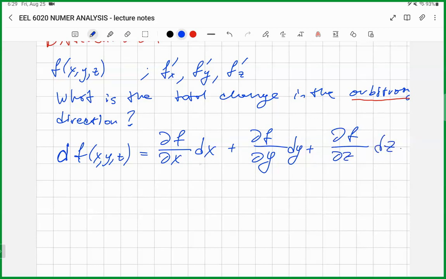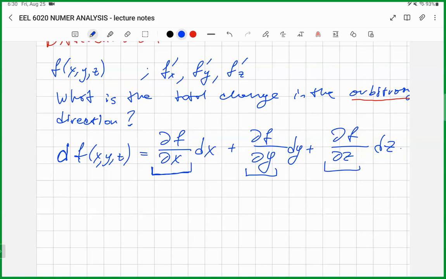All these dx, dy, dz are just small changes of the corresponding argument. When I change them, my function gets changed by this amount. I change x, it changes by ∂f/∂x times dx. I change y, it changes by this amount.